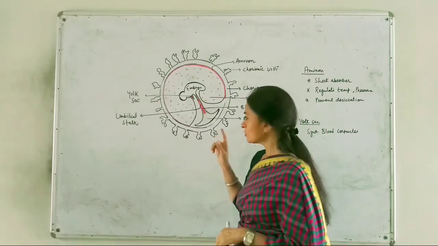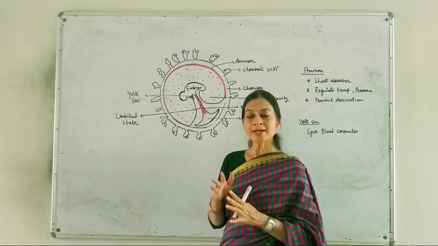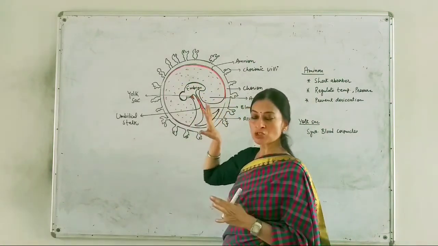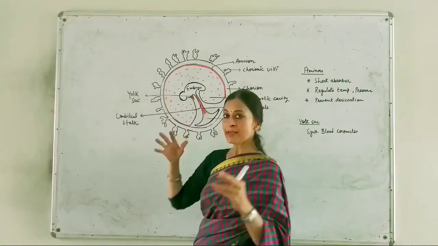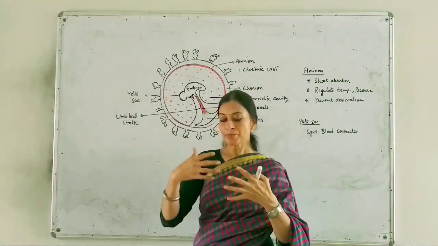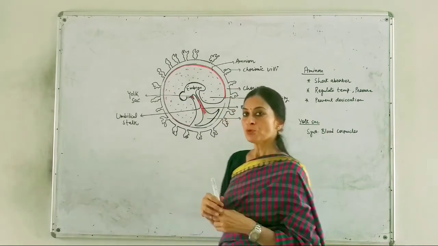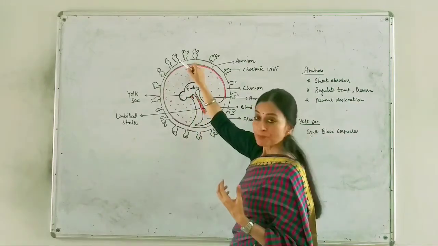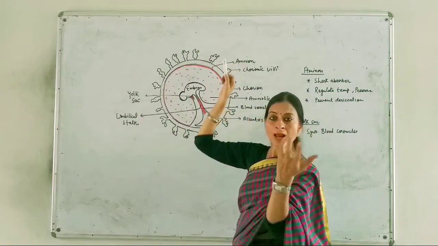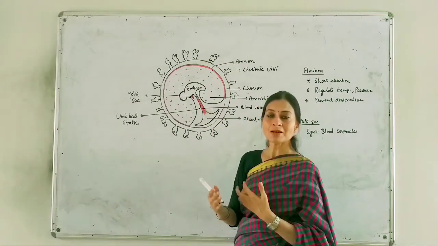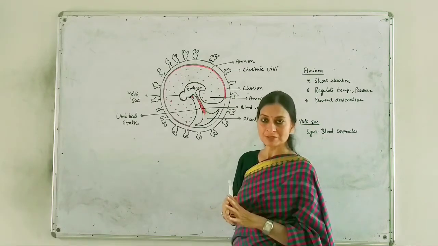These are actually those structures which will help in proper attachment of this whole structure to the wall of uterus or the endometrium. These villi will interdigitate in the wall of endometrium. So the endometrium will be attached with these villi, and these are those structures which will help in exchange of material between the mother and the developing embryo or the fetus.